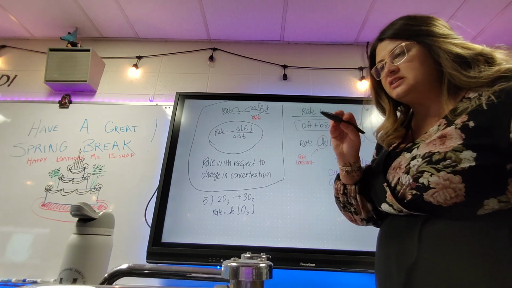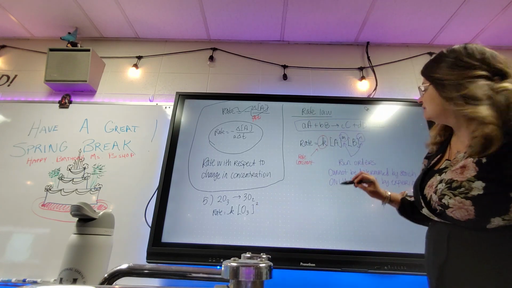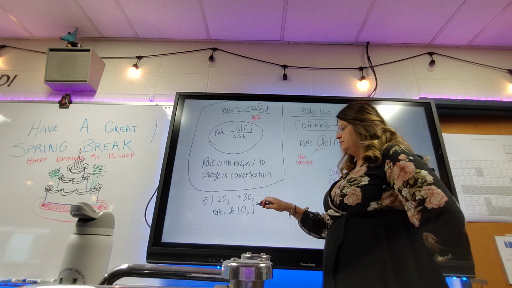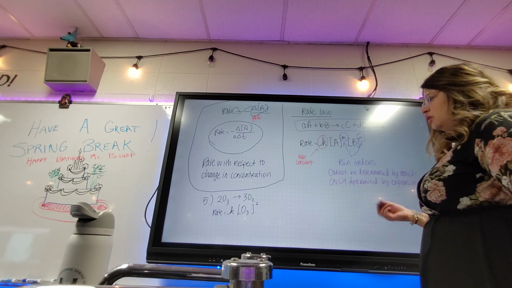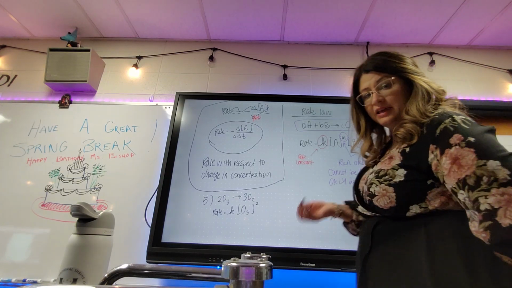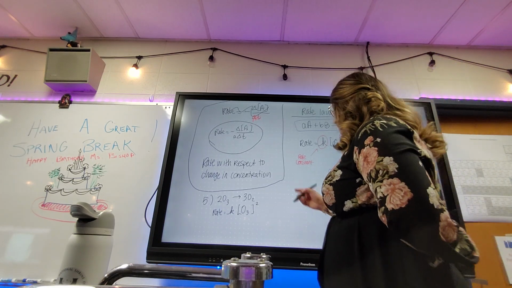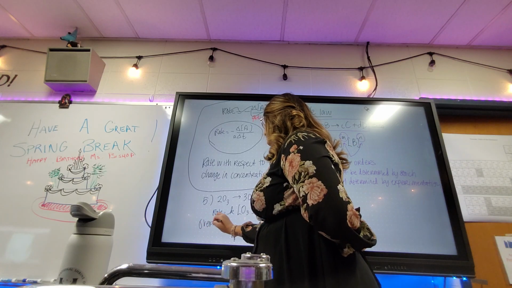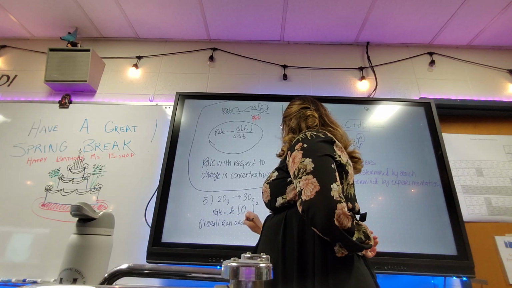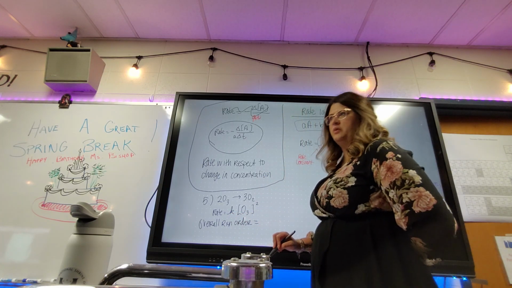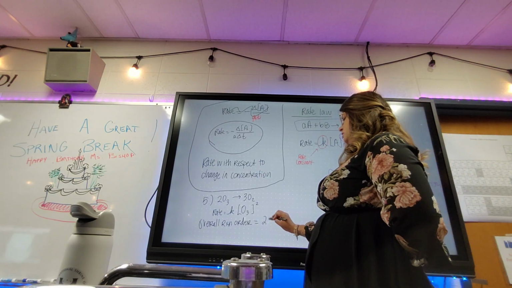The problem says this reaction is second order with respect to O3. That means that the exponent is 2. O2 must not appear in this rate law at all because we're not given any information about its reaction order. The overall reaction order is just the sum of all of the exponents. There's only one exponent, it's 2, so 2 is the overall reaction order.